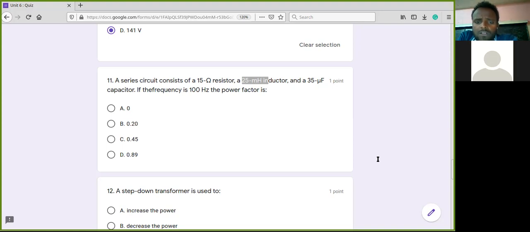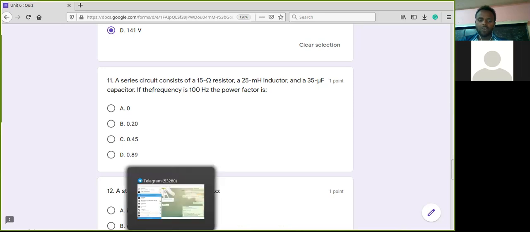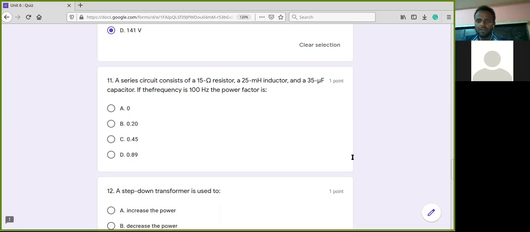So 15.7. For XL, omega times L, yes? Omega is 2 pi f, 628 times 25, divided by 1000 for the millihenry.